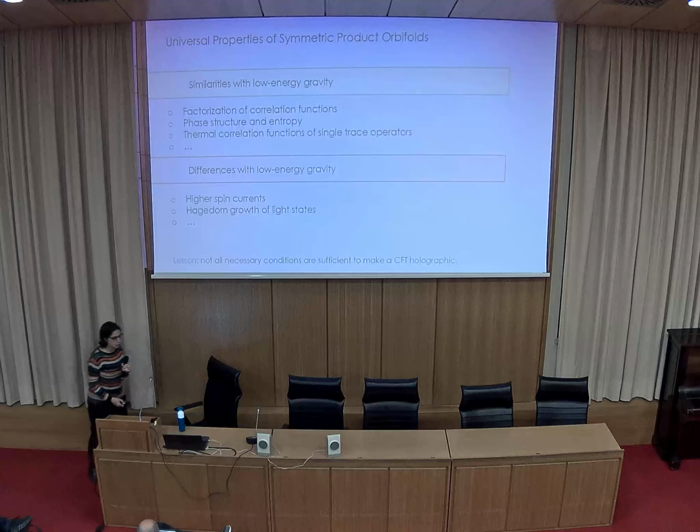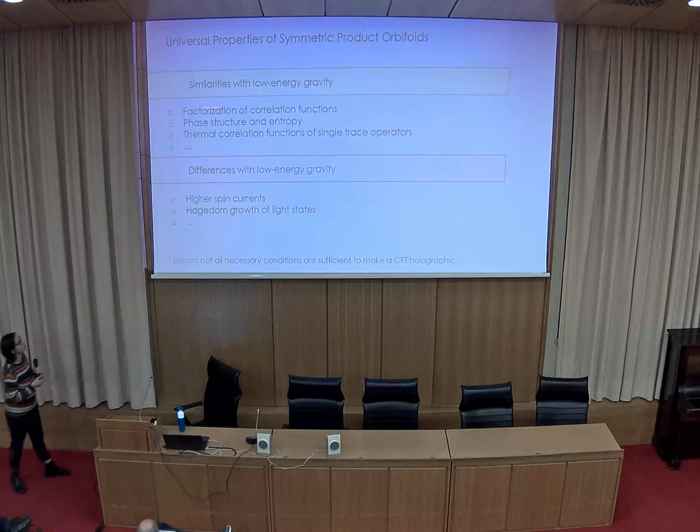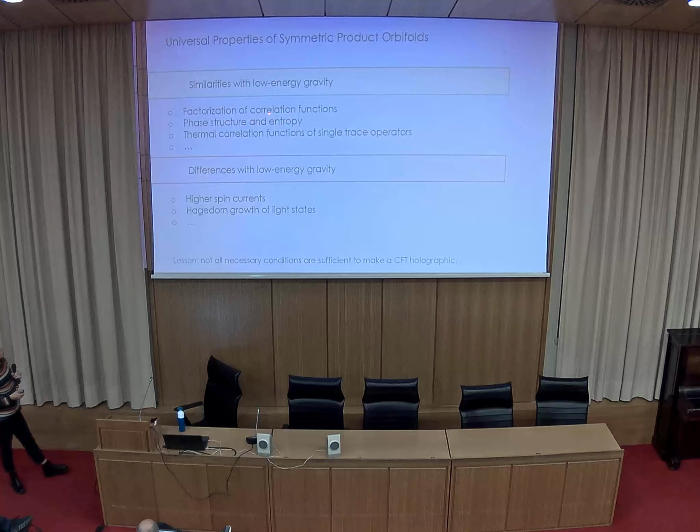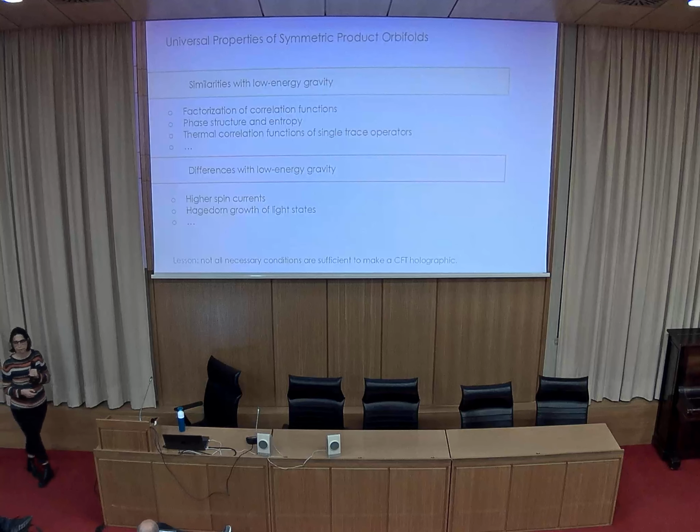In terms of all the universal properties that symmetric product orbifolds satisfy, as a summary of what I have presented so far, I've given you 3 properties that tell you how they mimic low energy gravity really well. So if you would have imposed these as holographic conditions, you would have said, oh yes, this is a holographic CFT. Well, no, because there are other criteria that tell you, no, actually, they're not going to be a low energy theory of gravity.